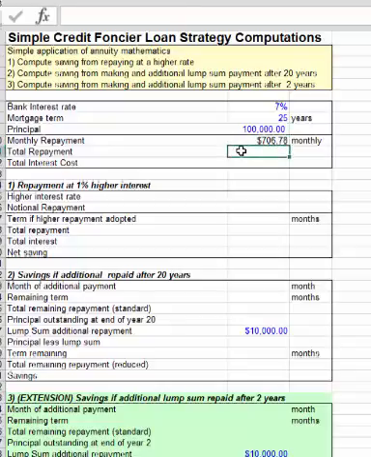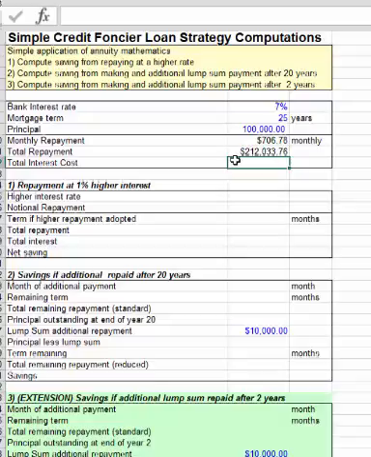Now if we look at the total repayment, that's how many dollars the borrower has repaid over 25 years. Well, that's pretty easy, because we simply take the monthly repayment, multiply that by 12 to get the number of payments per year, multiply that by the number of years, and we've got that up in that input cell, and that means we're paying back a total of about $212,000.